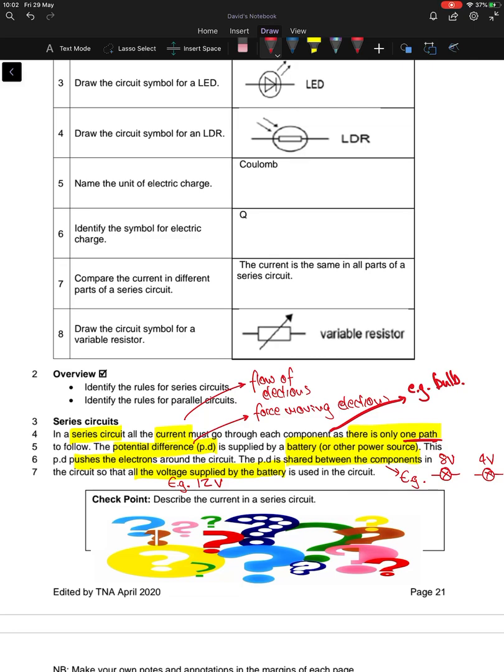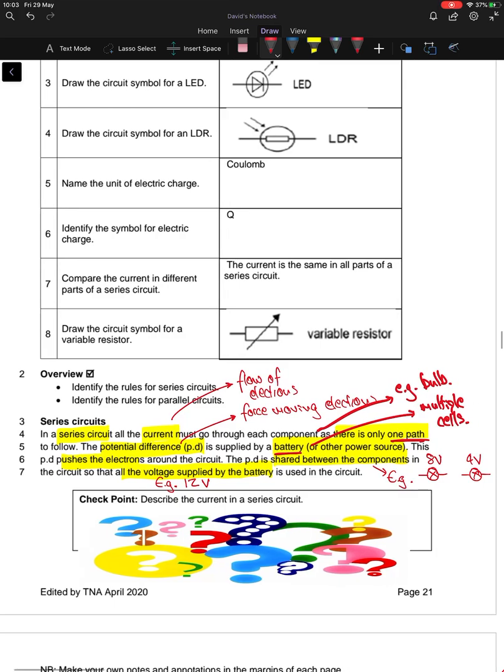The potential difference, which is the force that moves electrons around the circuit, is supplied by a battery or a power source. Remember, batteries are made up of multiple cells. And this potential difference pushes the electrons around the circuit. The potential difference is shared between the components in the circuit so that the voltage supplied by the battery is used in the circuit.